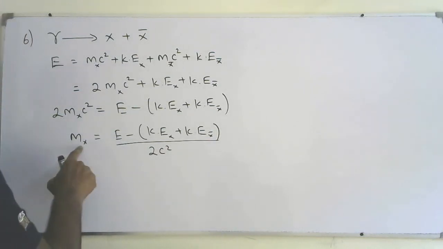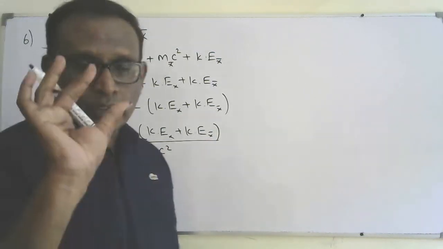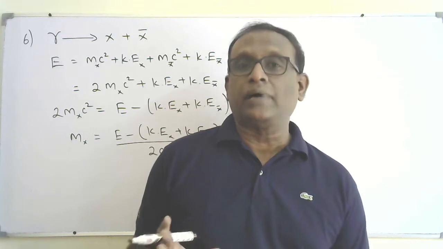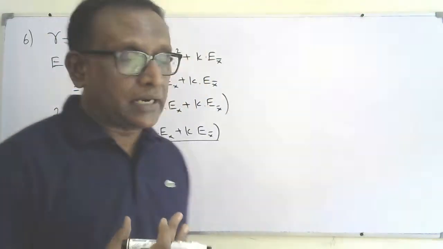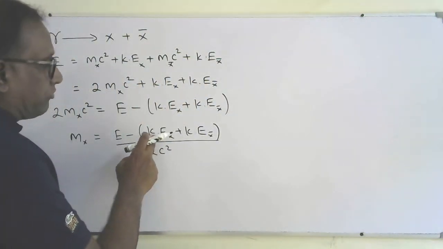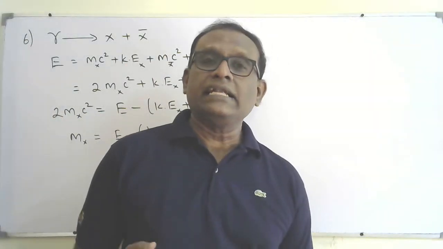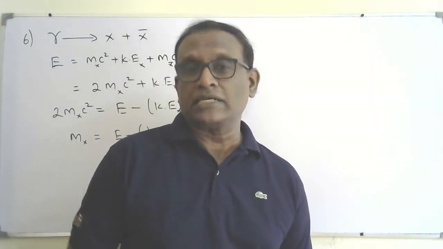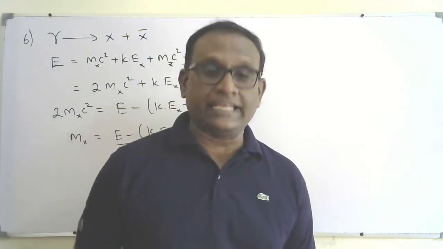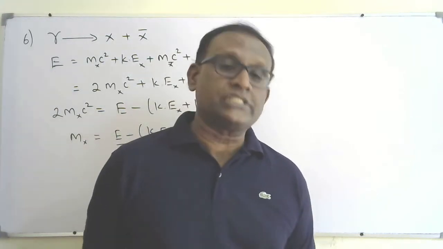Okay. Now I need to get the maximum mass of the particle. So to get the maximum mass, the kinetic energy of X and the kinetic energy of X bar, the kinetic energy of the particle and the antiparticle, must be equal to 0. That means they are just created without any motion.